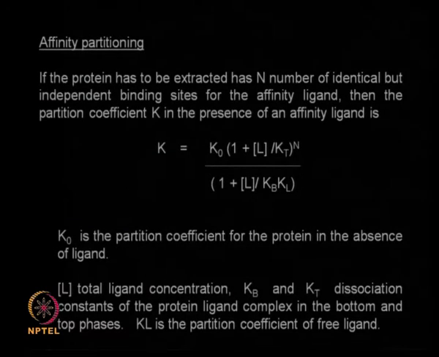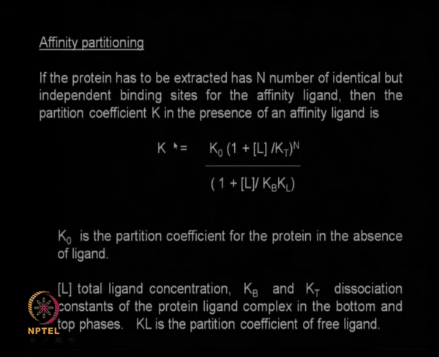So it can dissociate in the heavy phase, or it can dissociate in the light phase, or in the bottom, or in the top, and the dissociation constants may be different. So that is why you have KB, the dissociation constant in the bottom, and KT, the dissociation constant in the top.